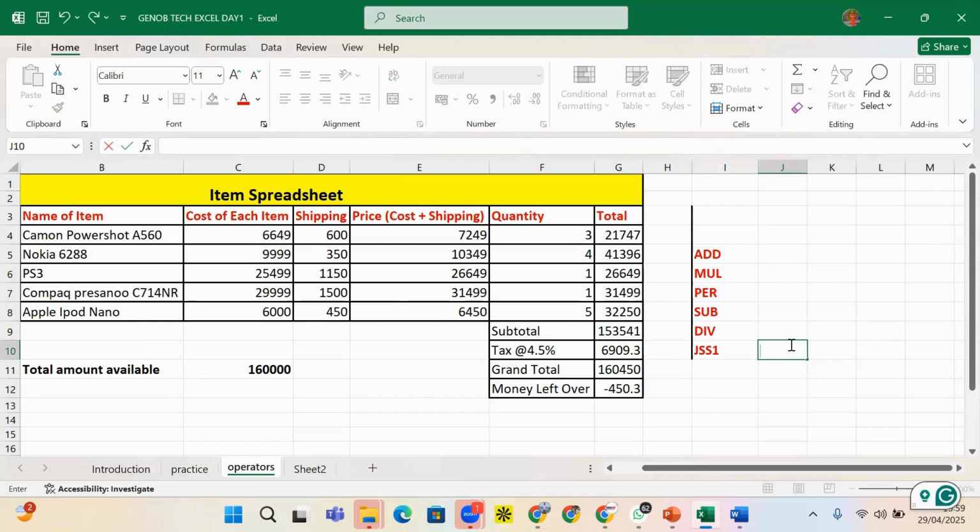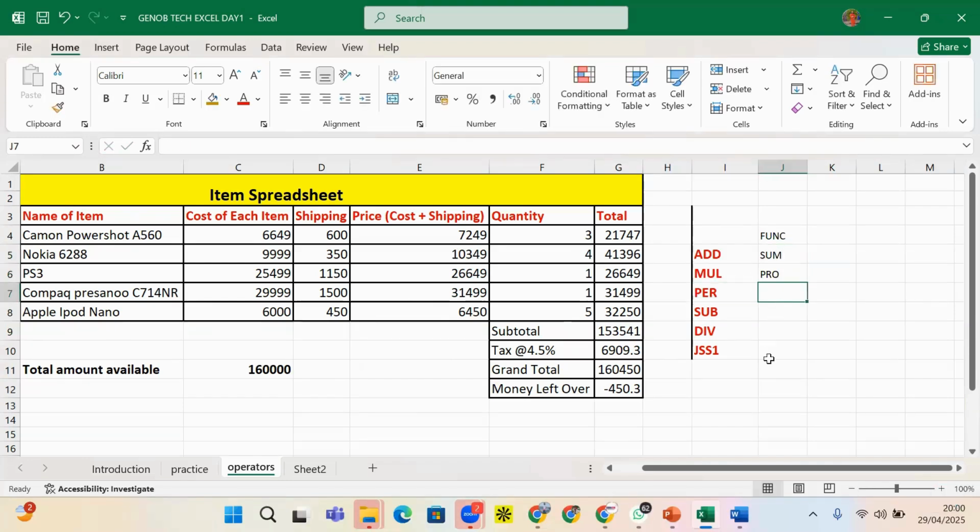Okay, concatenation is both an operator and a function, just the way we have multiplication. The multiplication function is called product. The addition function is called summation, or sum, right?